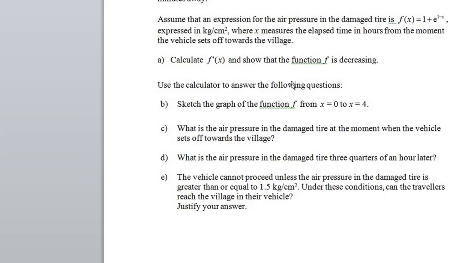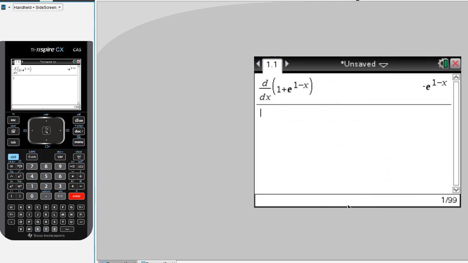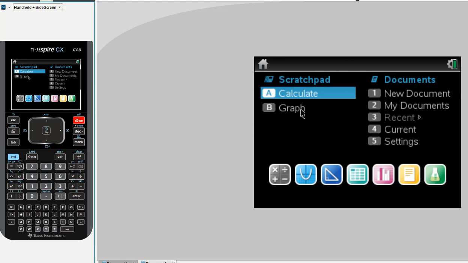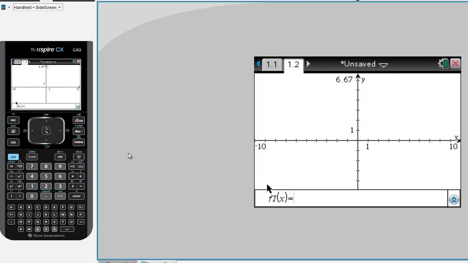Use the calculator to answer the following questions. Sketch the graph of the function f from x equals 0 to x equals 4. Let's get a graph page.